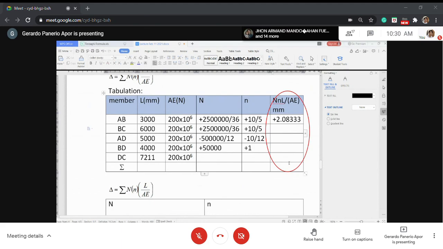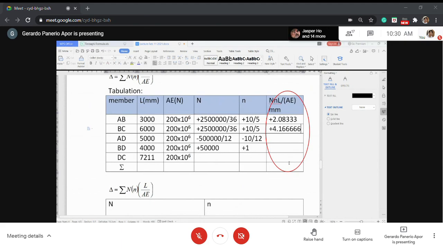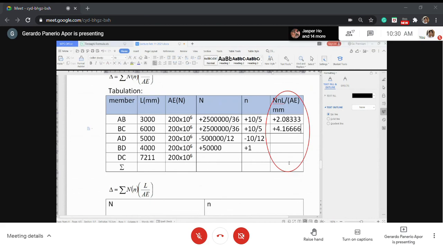Now, this one here will be double. It is positive 4.1666. Okay. And here you will have positive. You have n, which is 50,000 only.